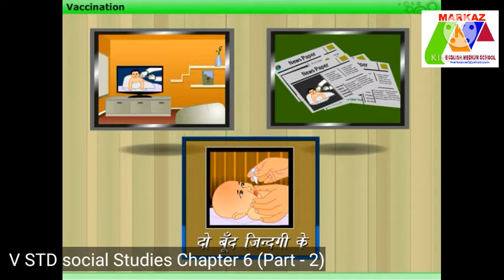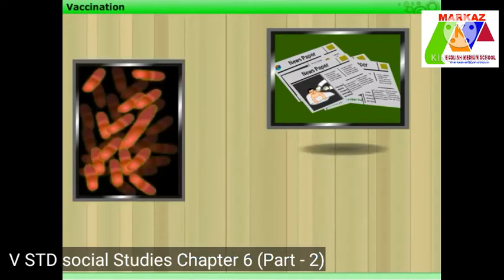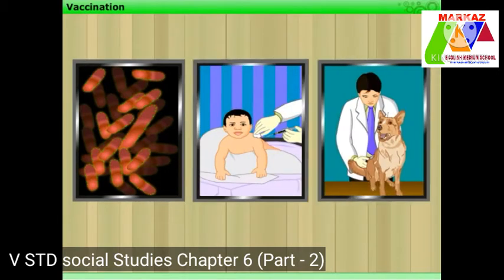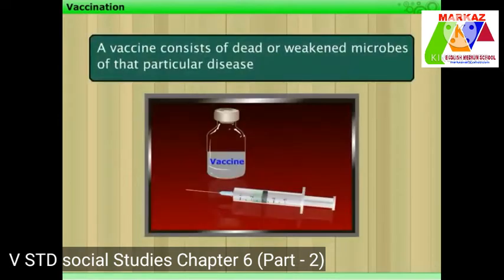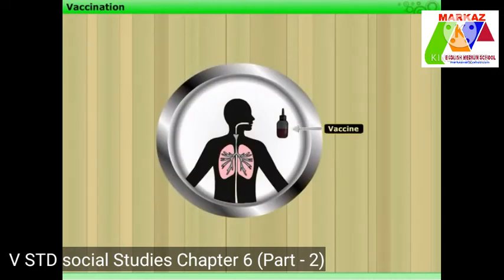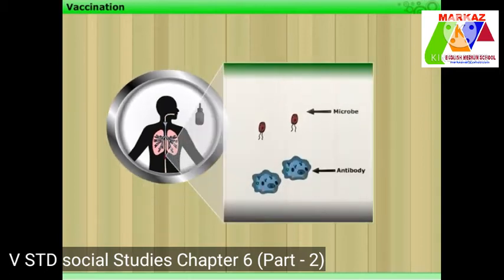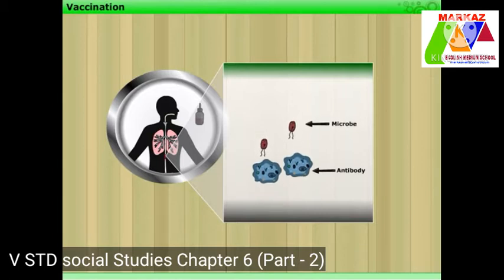Nowadays, vaccines are made on a large scale from microorganisms to protect humans and other animals from several diseases. A vaccine consists of dead or weakened microbes of that particular disease. When the microbes in the vaccine are introduced in a healthy body, the body produces suitable antibodies to fight the invaders, that is, the microbes.